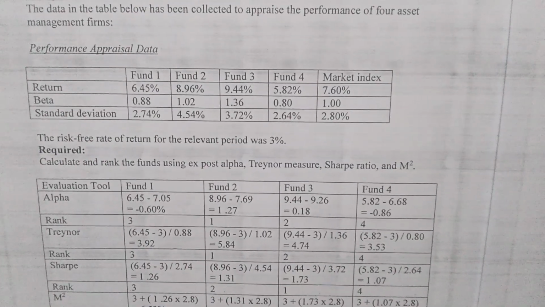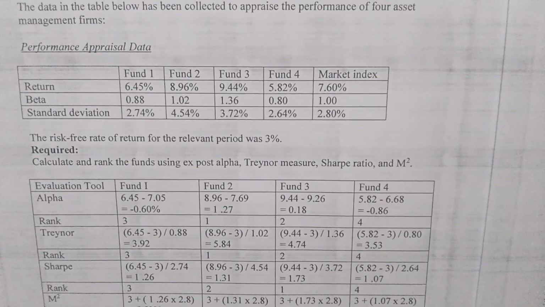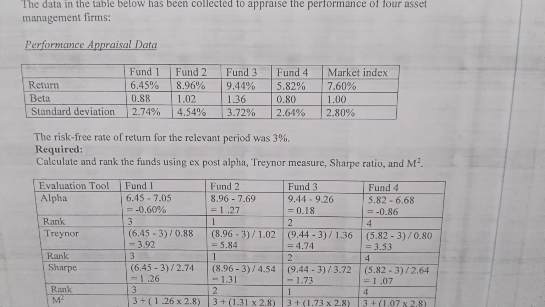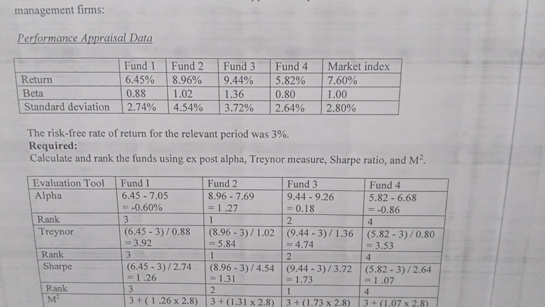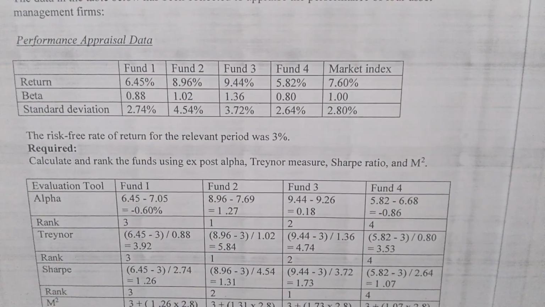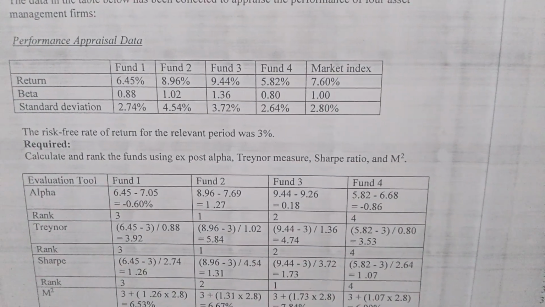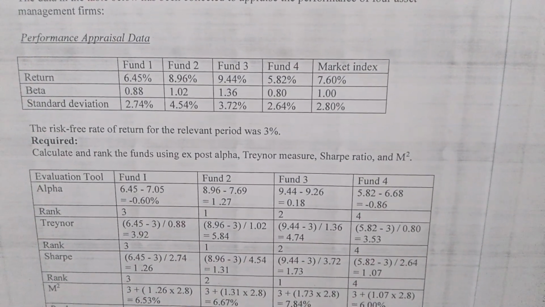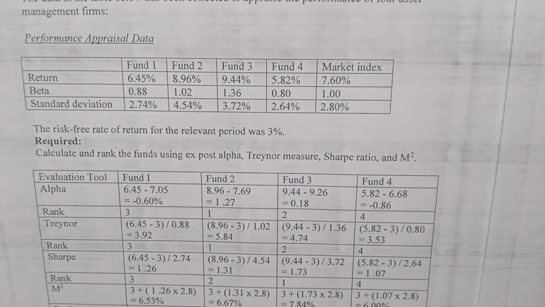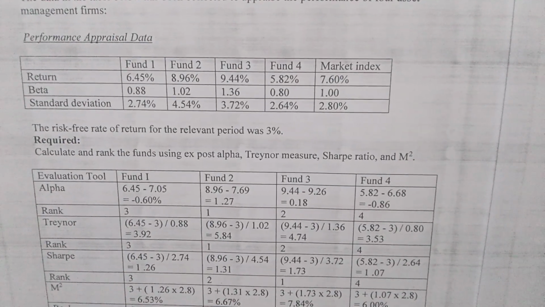Expected returns for Fund 1 up to Fund 4 is 6.45%, 8.96%, 9.44%, 5.82%, and the market index is 7.60%.